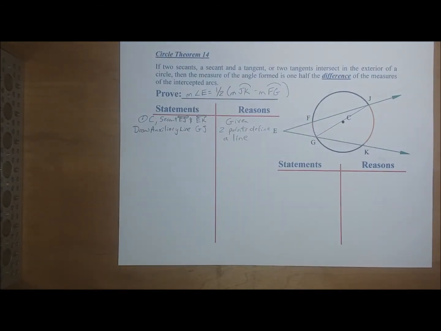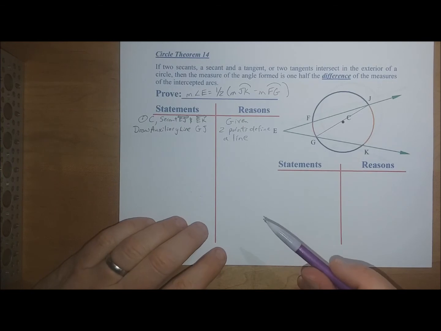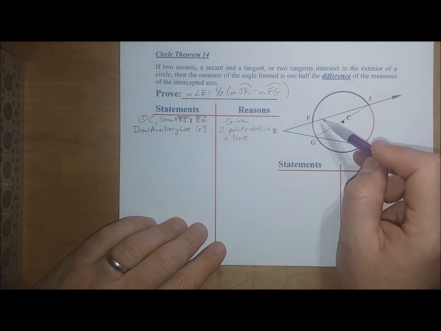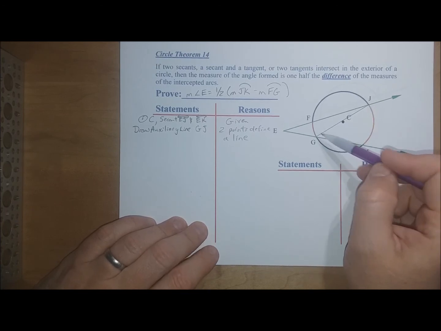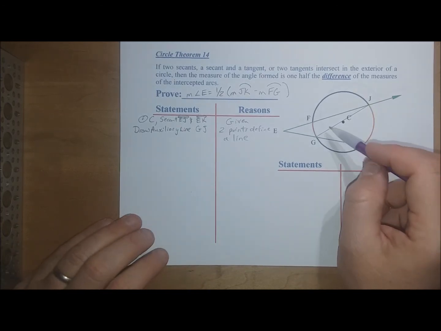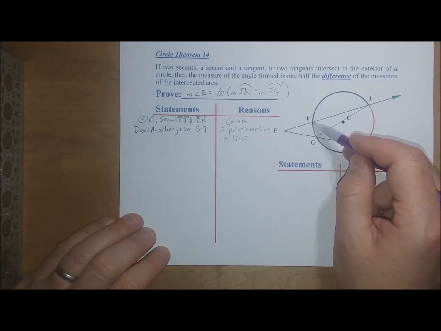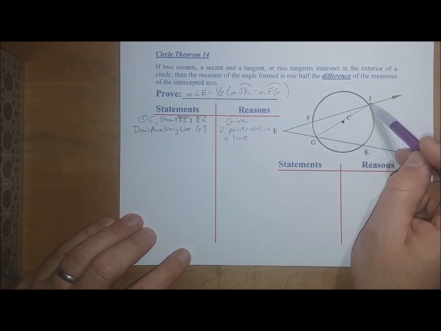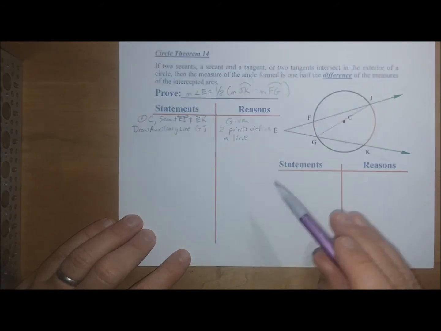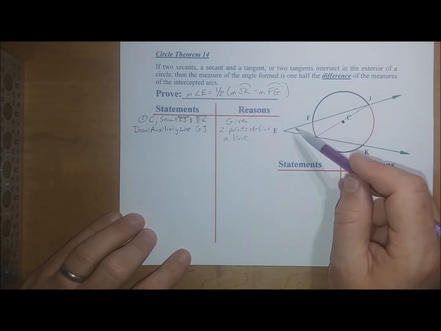Okay. Well, I see that this angle FJG is an inscribed angle intercepting this arc FG, and I think that's going to help us. I'm going to call it angle EJG, because I want to relate it to this triangle. We've already created a triangle, and we know there's going to be useful information there.